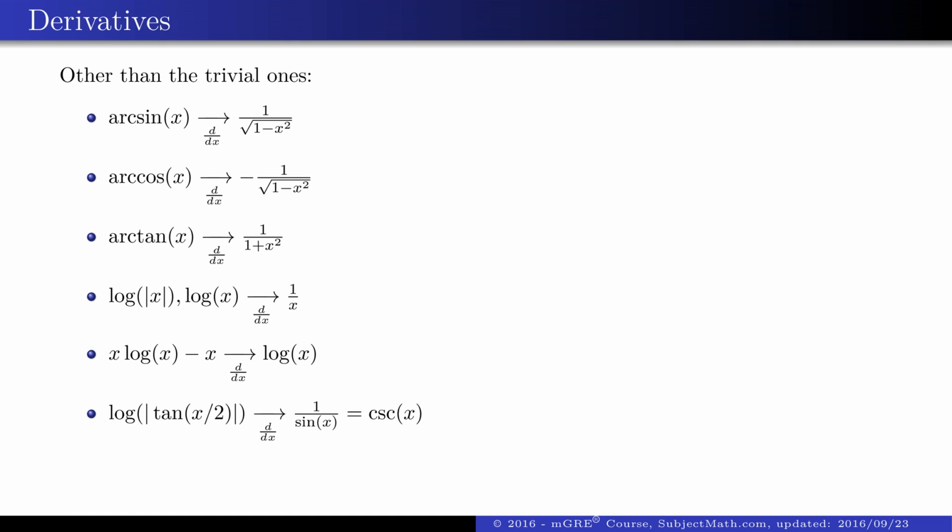The 1 over adds or cancels the co. Stop the video now and verify the last one, i.e., take the derivative of log tangent x over 2. This exercise will ensure that you know the derivative of composition of functions. Stop the video now and do the exercise.